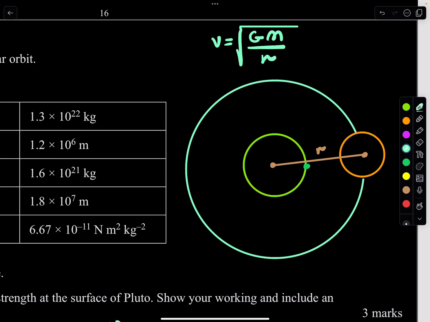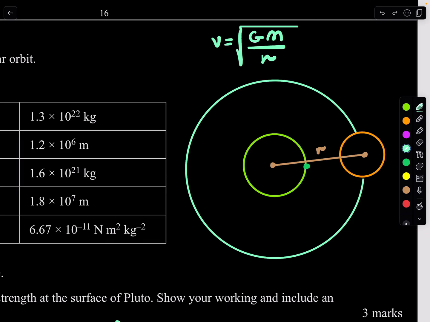What it tells us is that your velocity is only dependent on the mass of the central mass, which is Pluto, not the spacecraft. So even if the spacecraft were much heavier, if it's at the same radius as Charon, it will move at the same velocity. That's what it means: the mass of a spacecraft is independent of the velocity.